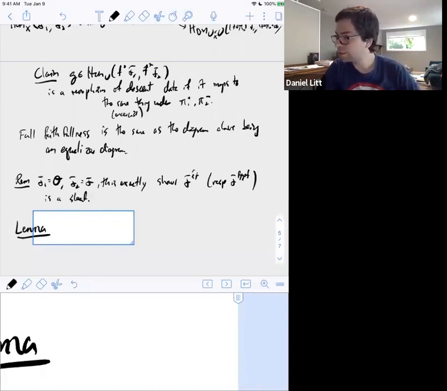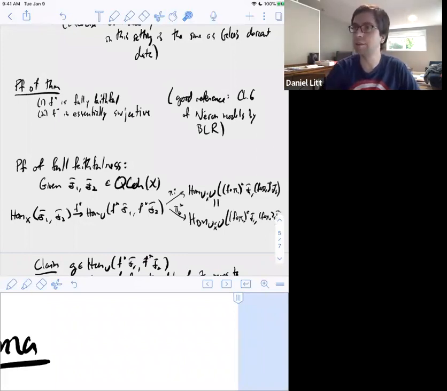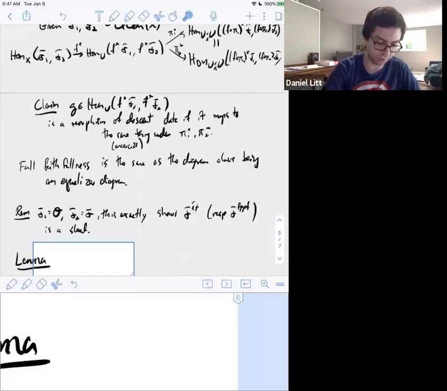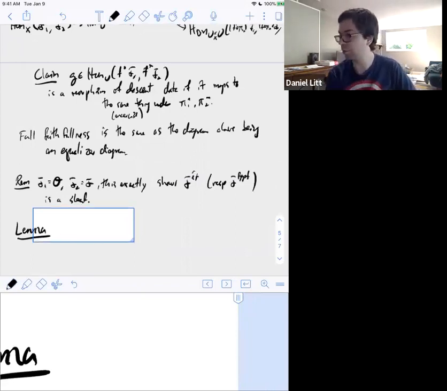Okay, so let's state the lemma. Let me just remind you where we were. We have this functor between quasi-coherent sheaves on X and descent data on U over X. We're trying to show that that functor is fully faithful, meaning it induces a bijection between morphisms of quasi-coherent sheaves and morphisms of descent data. So we're first going to prove what looks like a kind of abstract lemma.